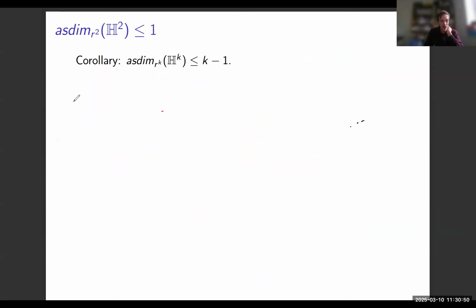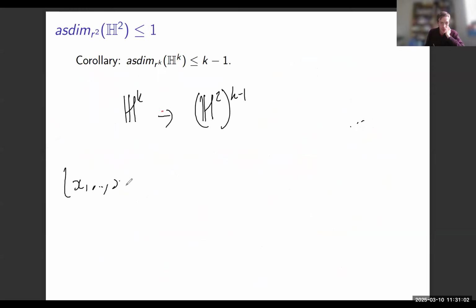Okay, and so this relies on what you do is you say, well, there's a map from hyperbolic K space to K minus 1 copies of the hyperbolic plane. And in the upper half space model, it takes x1 to xn, K minus 1, xk. So these being the Euclidean, the real coordinates, and this the imaginary one.